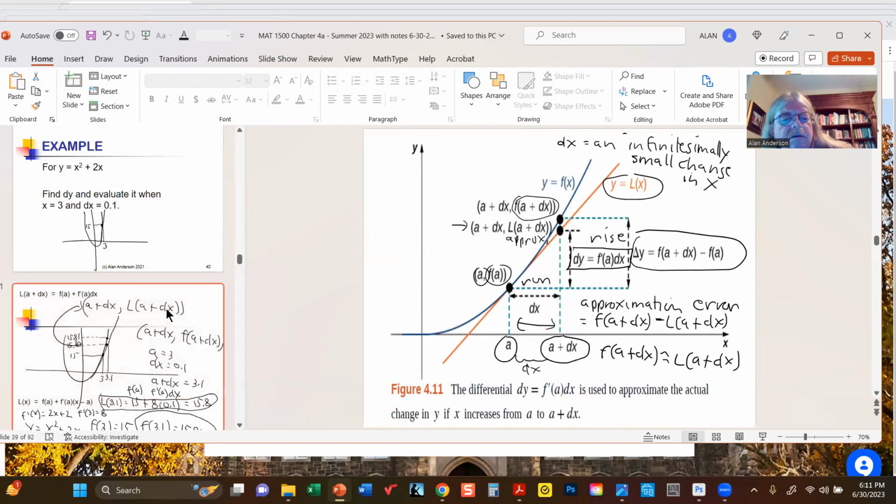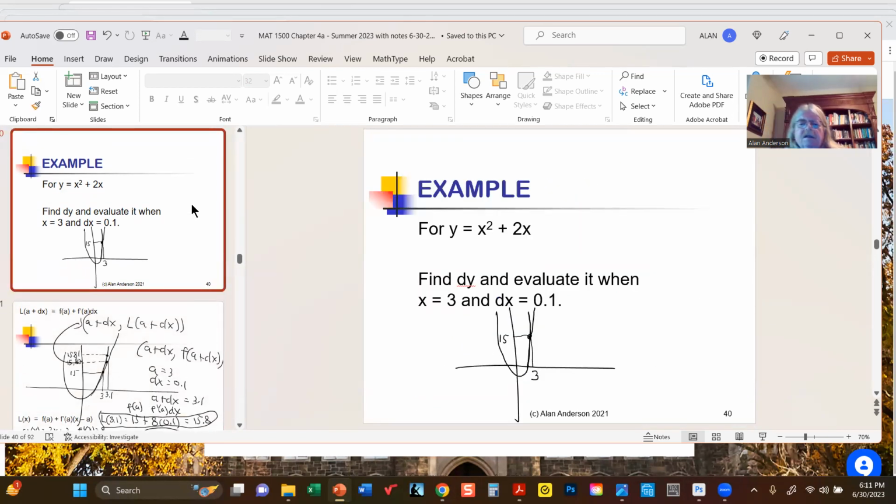Let's see how this can help us. We've got y equals x squared plus 2x. It's a parabola. Find dy and evaluate when x equals 3 and dx equals 0.1.